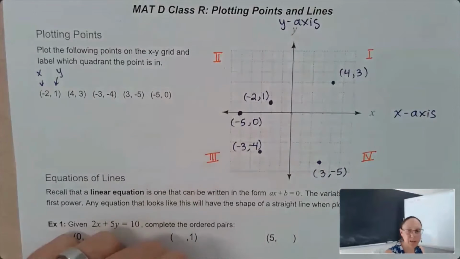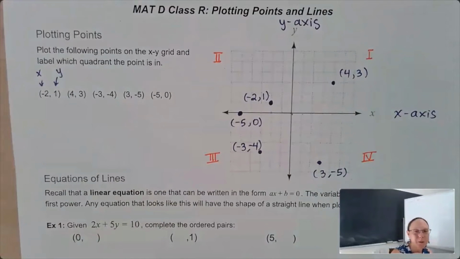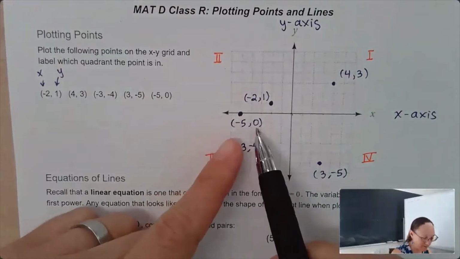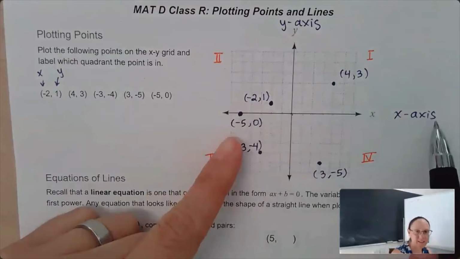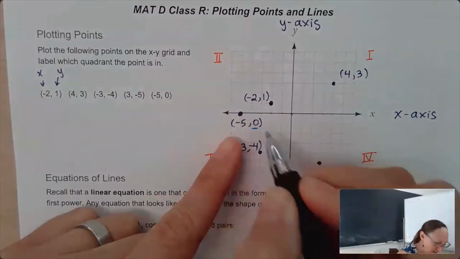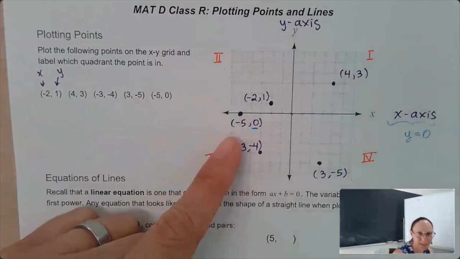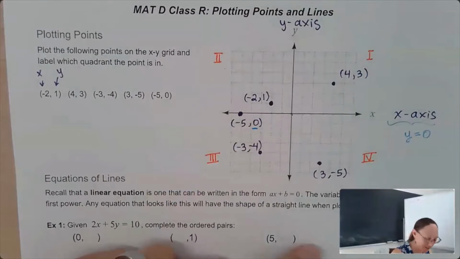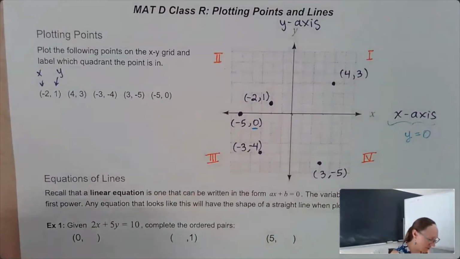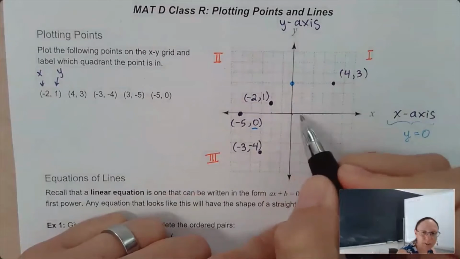One thing that can be a little bit confusing, because for me, at least, it feels just a little bit backwards, is notice that the point -5, 0 ended up on the X-axis, but the thing that was 0 was the Y value. So everywhere on the X-axis, my Y is equal to 0. Similarly, on the Y-axis, all of these points, if I picked an arbitrary point here, like this one, that did not move left or right.